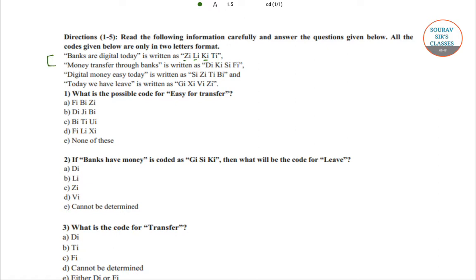Suppose we are comparing the first sentence and the second sentence. Here we can see that only banks is the common word. Now if we compare the codes, we will find that key is the only thing common between these two. So key is the code of banks.